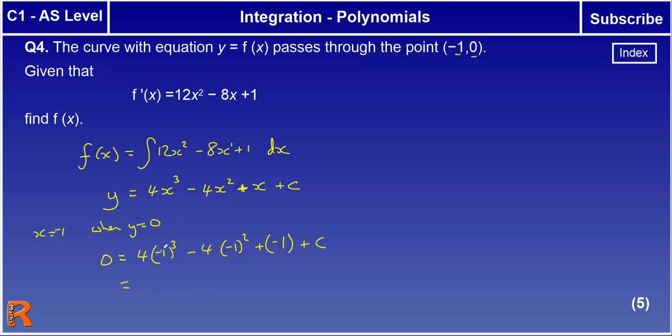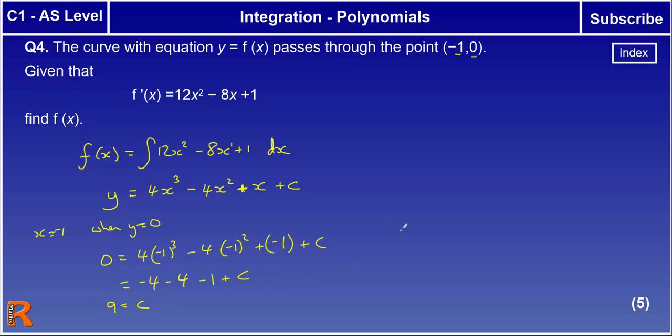So -1 cubed is -1 times 4 is -4. -1 squared is 1 times -4 is -4 plus -1, so we're going to take away 1 plus our constant. So we're taking away 9, that 9 goes over to the other side to become +9, so the constant equals 9.